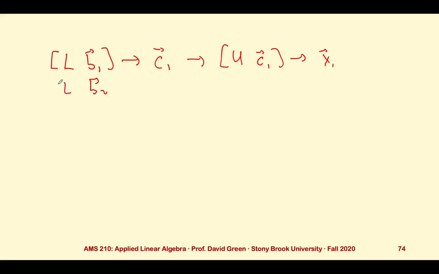We split the problem in half using LB1 to get us C1, and then solving UX equals C1 to try to get us our first solution, and then did the same thing with B2 to get C2, and then solving that to get our second solution, if it exists.